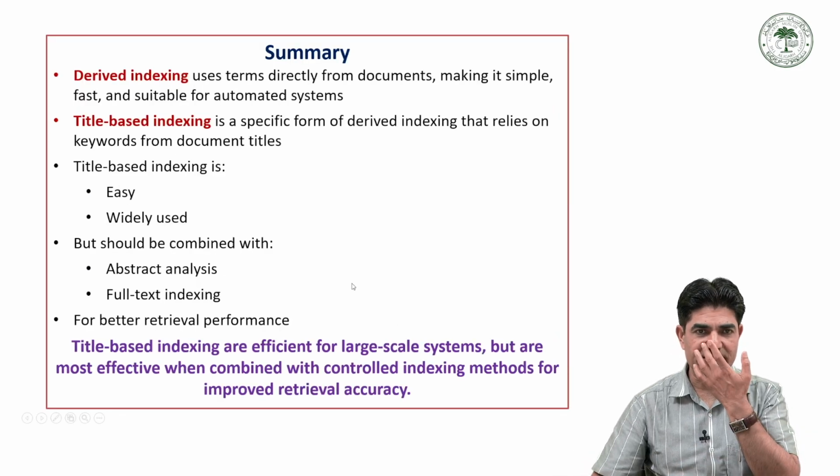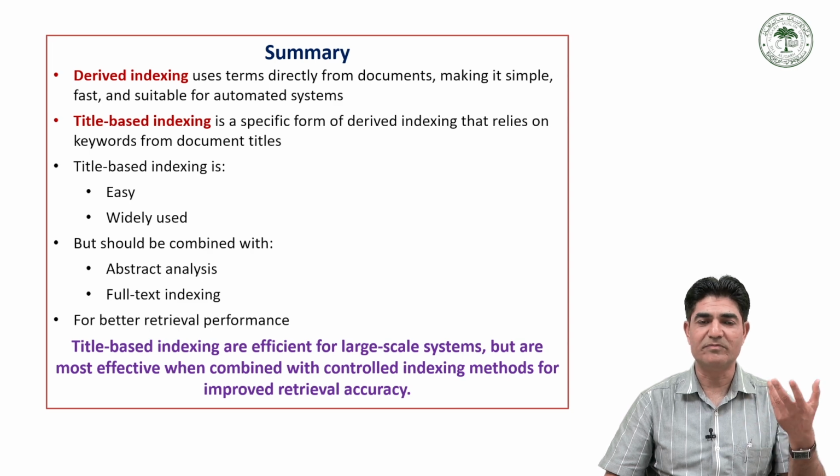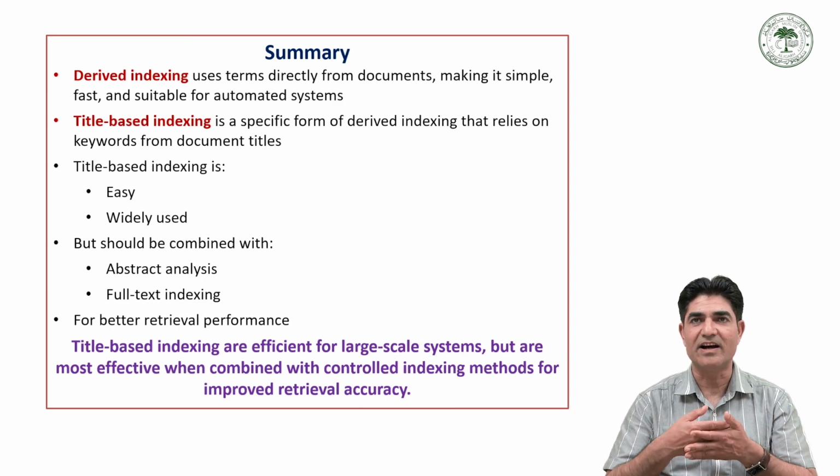Now we try to conclude. Derived indexing uses terms directly from the document, making it simple, cost-effective, and fast, and suitable for automated systems, because we can reduce human effort in the process of indexing.